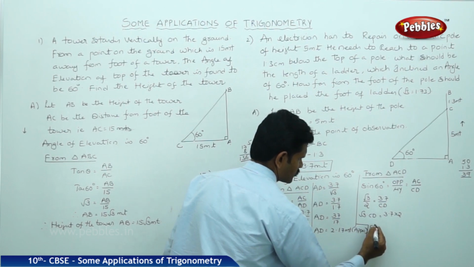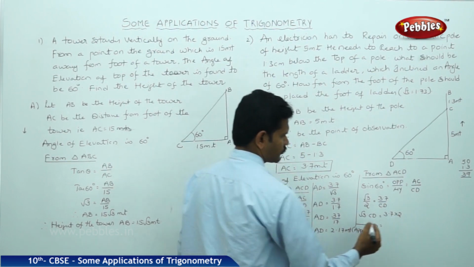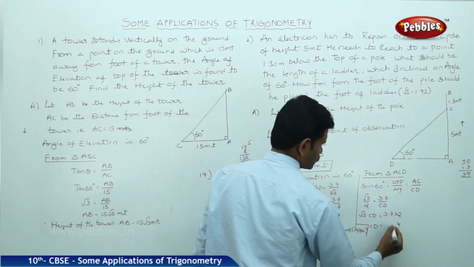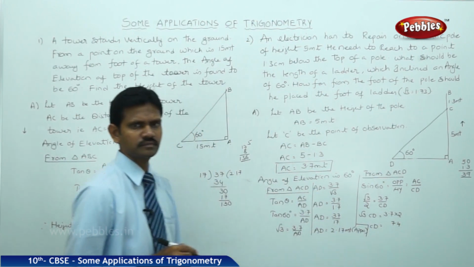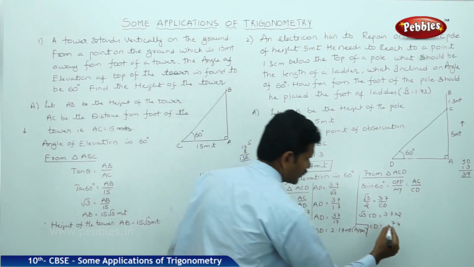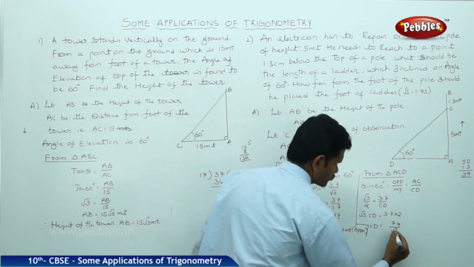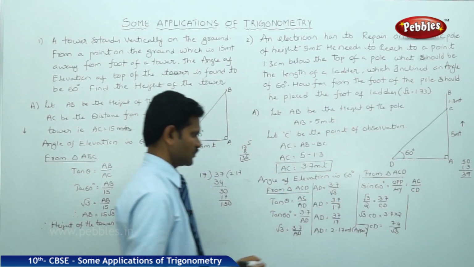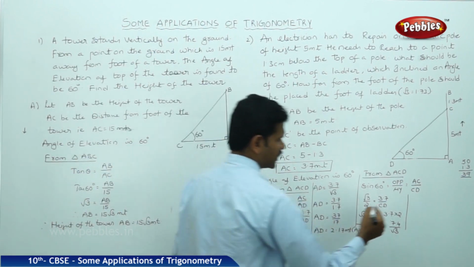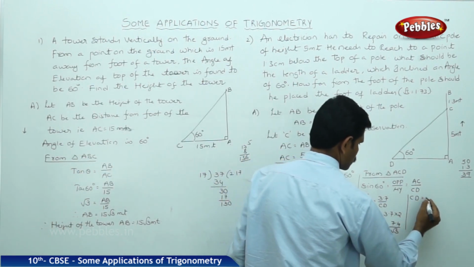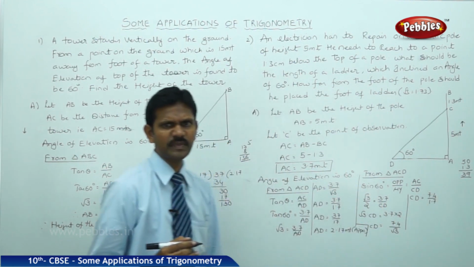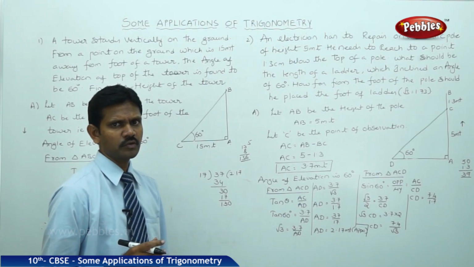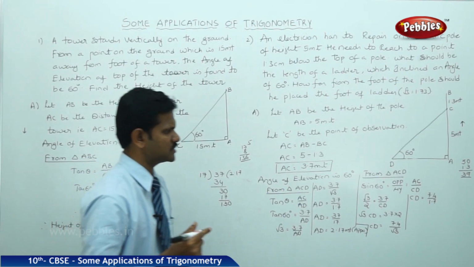That is, CD is equal to 2 sevens are 14, 7.4 by root 3. That is, CD is equal to 7.4 by root 3, approximate value corrected to one decimal place is 1.7.